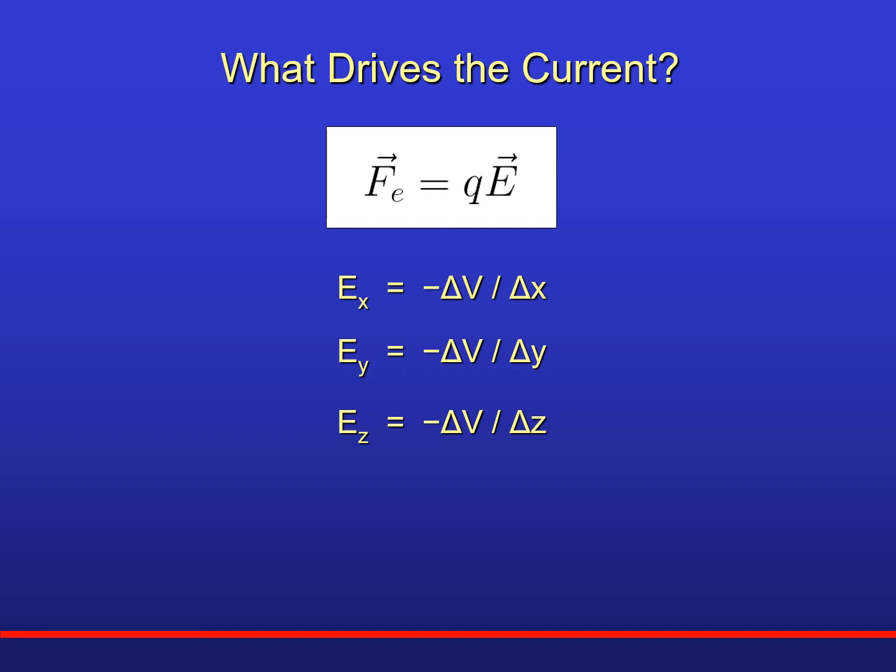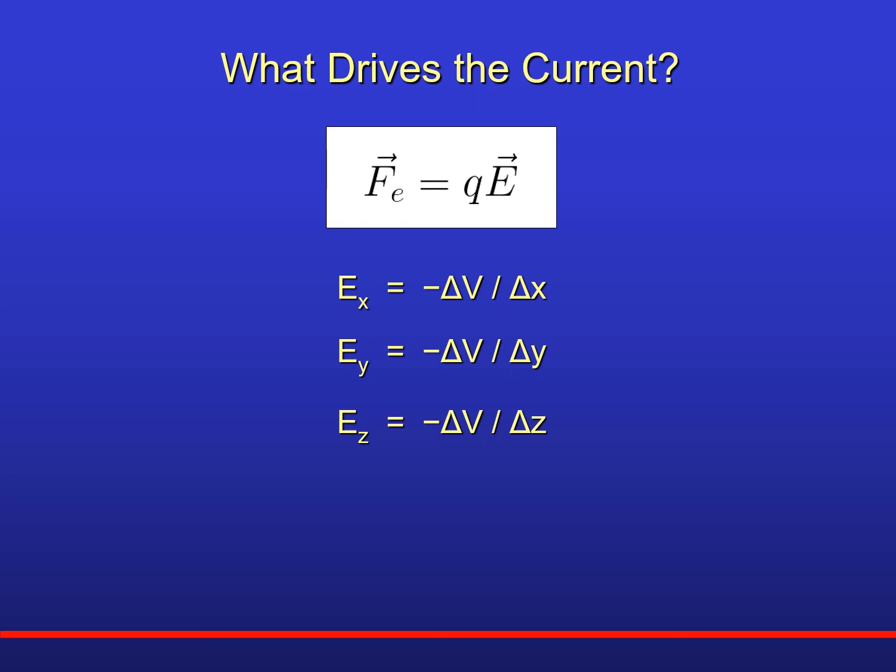Well, in three dimensions, each component is minus the change in voltage with, say, delta x for the x component, delta y for the y component, etc. You need a potential difference, a delta V, across some distance, whether it's a metal, a liquid, or a gas, and of course, you need to have charges that can move. You put a potential difference in air, you're not going to get a current unless there are charges.